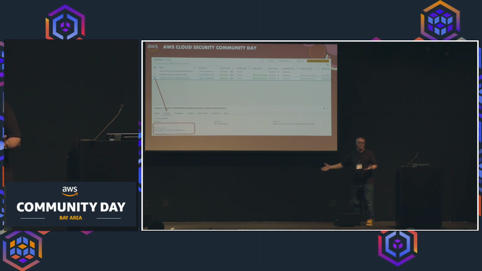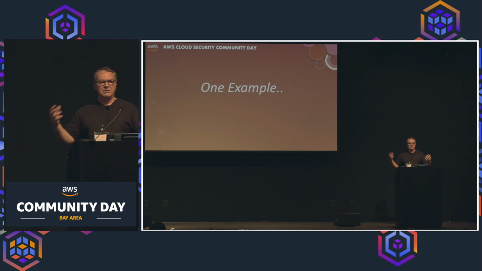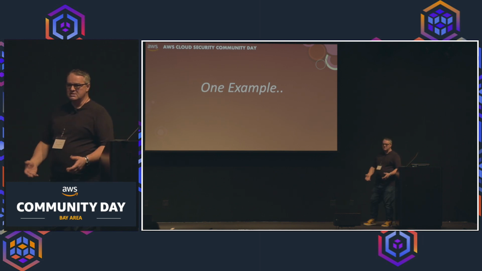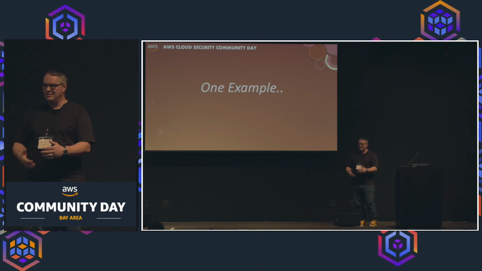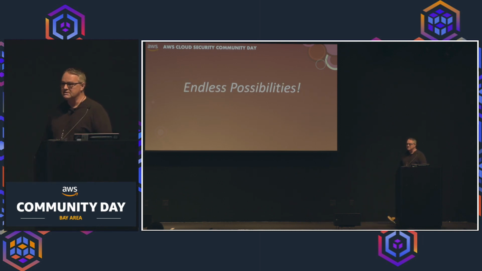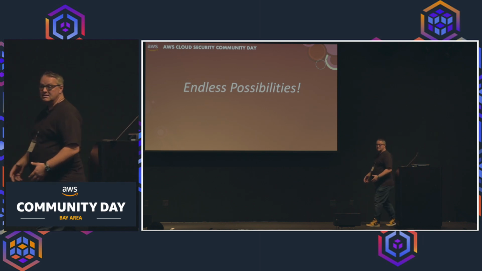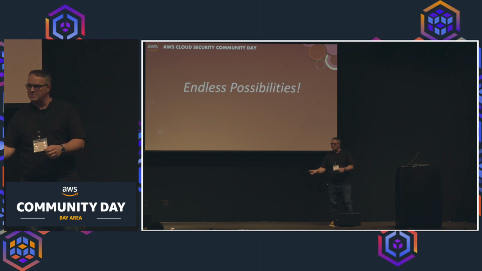It's a starting point. This is just one example of how we can stitch services together to automate actions in my AWS environment. But there's endless possibilities. So like I said, this session was not about every single detail and click and watch the mouse move of setting that up.